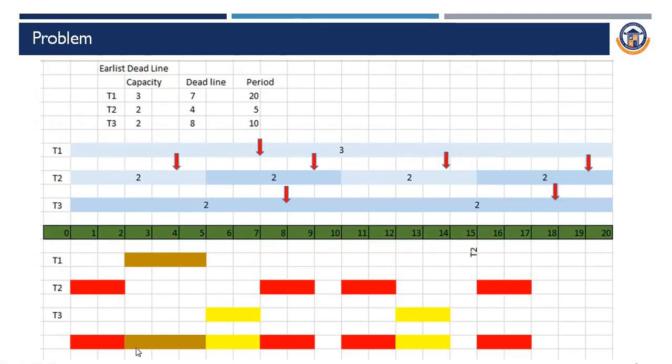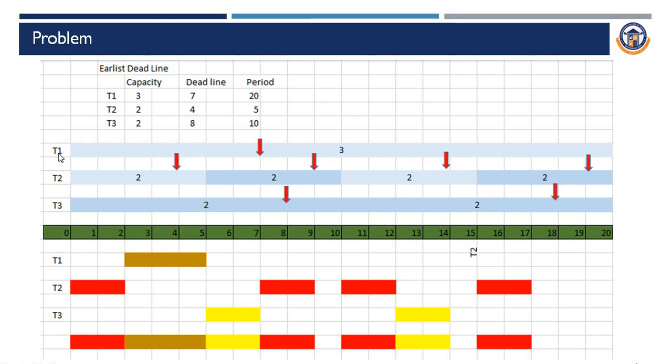Now we have to draw the timeline in order to see how the CPU processes these processes. The CPU will be allocated initially to T2, then T1, then T3, because the deadlines are 4, 7 and 8. First of all, we draw the entire time period for handling all these processes, 0 to 20, as the LCM is 20.